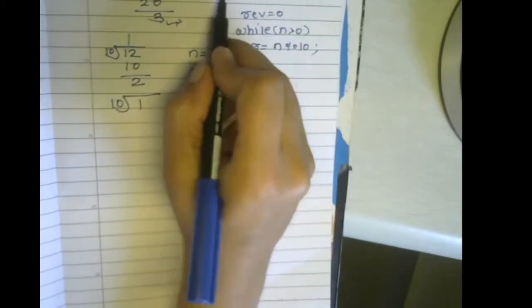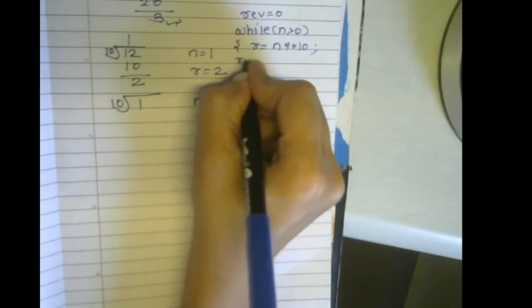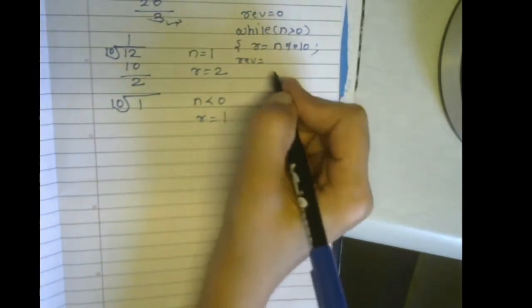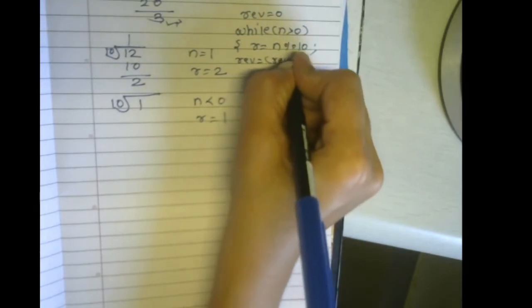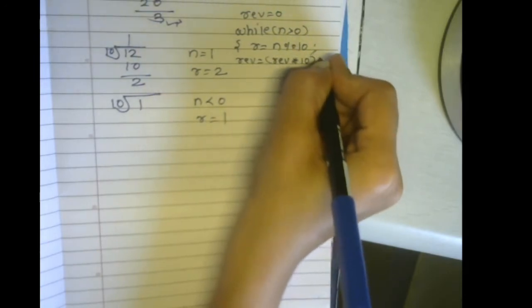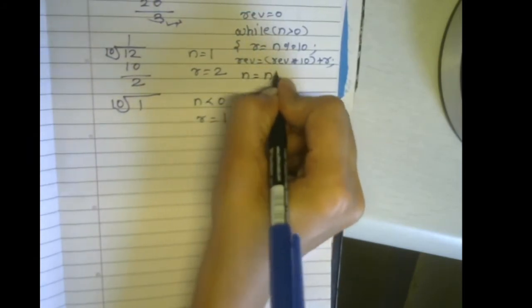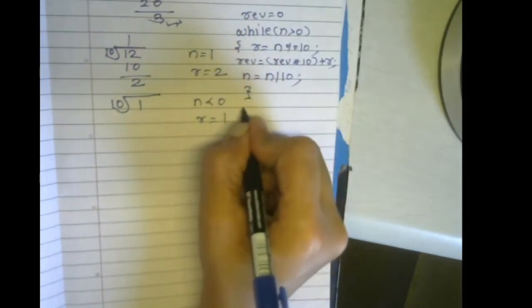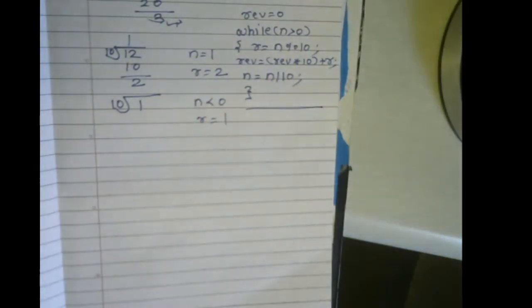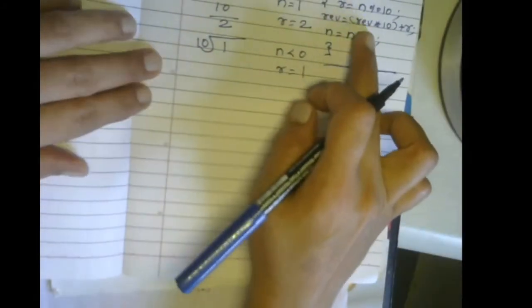We have already calculated this. Then we write reverse equals reverse into 10 plus r. And after this n equals n divided by 10, and after this curly bracket we will write our reverse number value. We will print the reverse number here. So let's see the execution of this code.